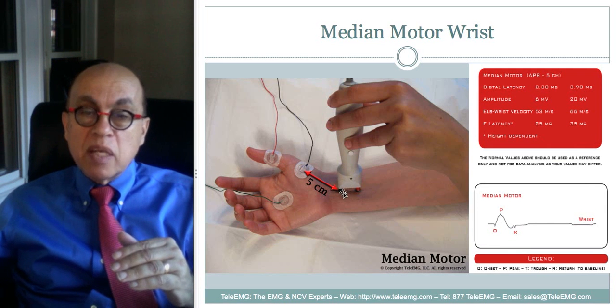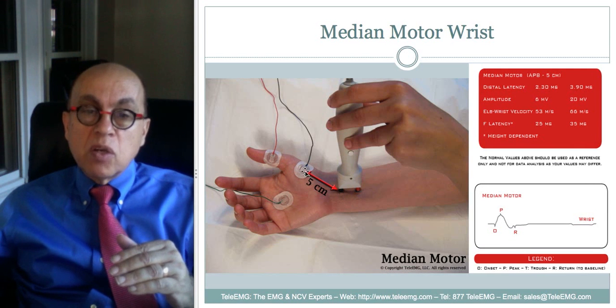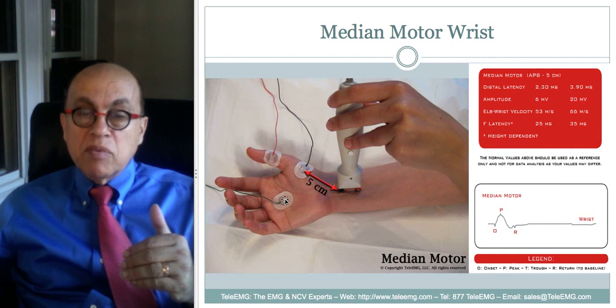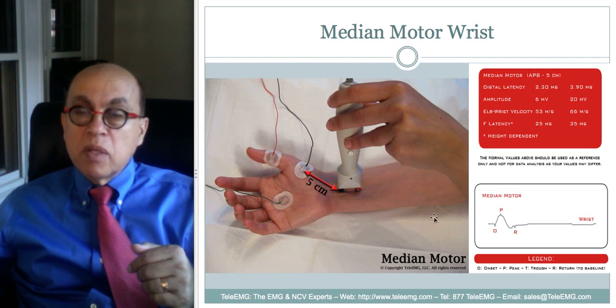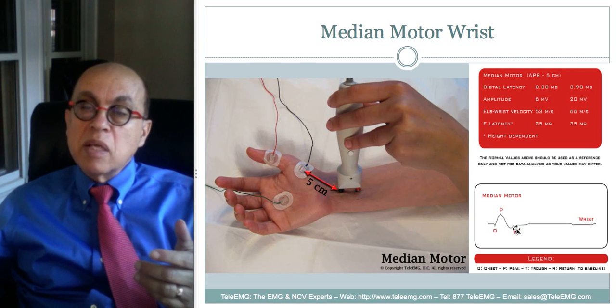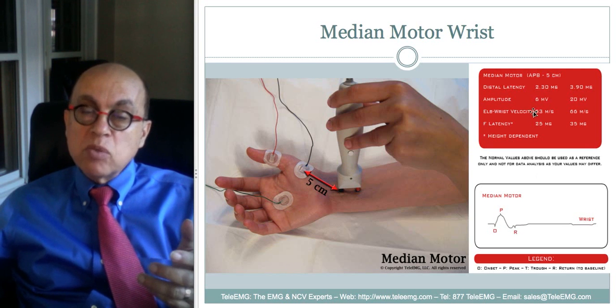So we're stimulating the nerve at the wrist here, recording from a muscle, and the reference electrode is still at the thumb, and we have the ground electrode right there. And we get a very nice motor response here from the wrist. Again, you see the onset, the peak, and the return to baseline, and compare it to normal values.